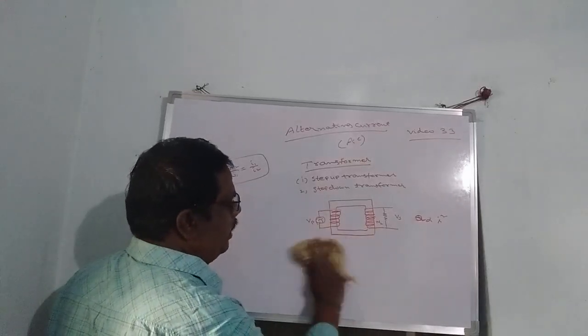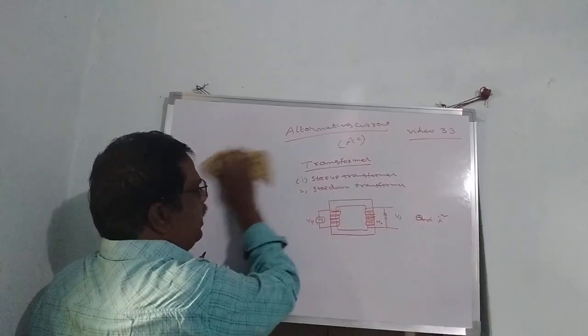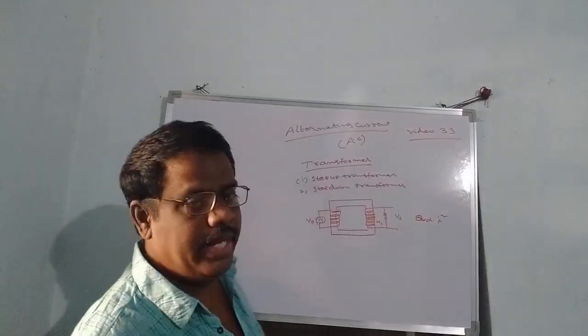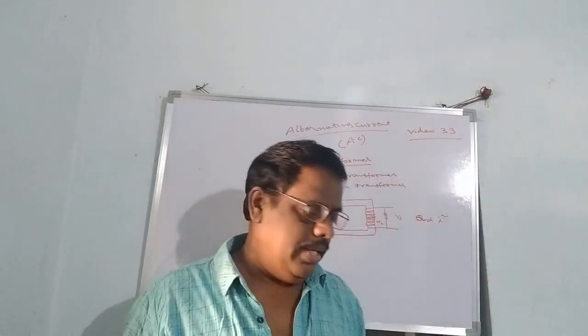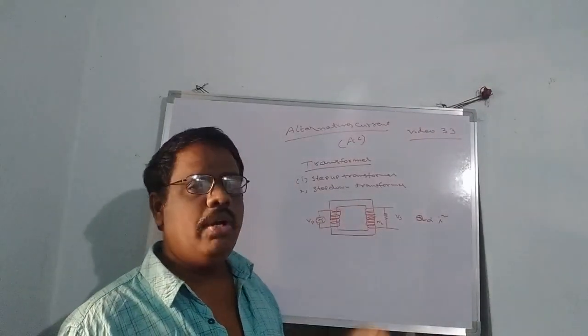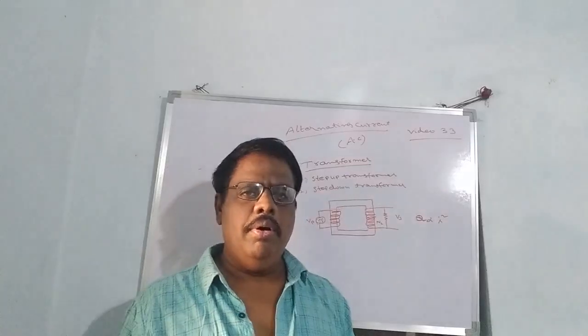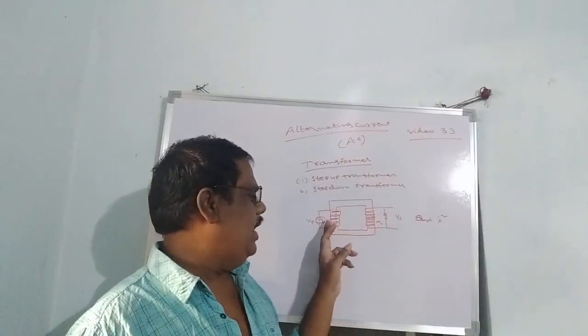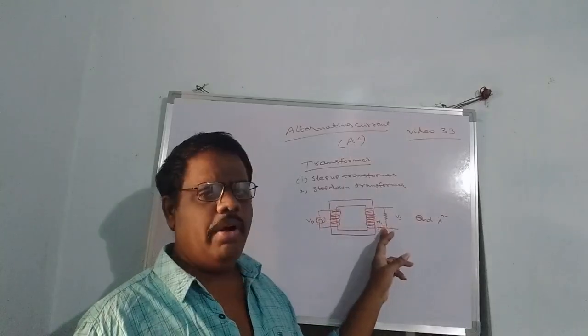Okay, next topic. A transformer works only on AC, not on DC. Once again, a transformer consists of a metallic core, which prevents losses, and the primary coil and secondary coil.